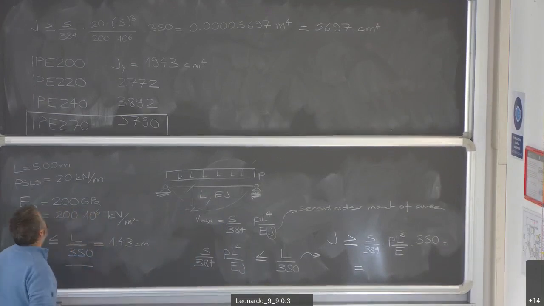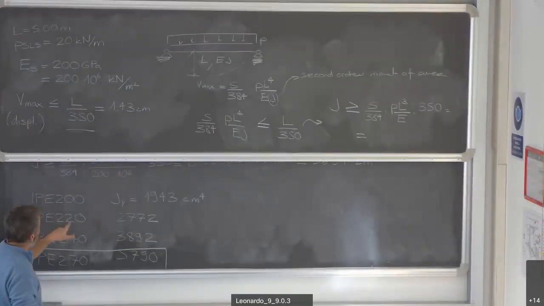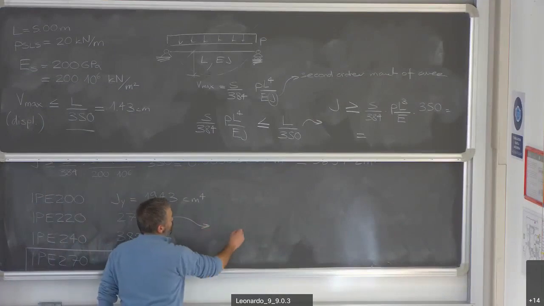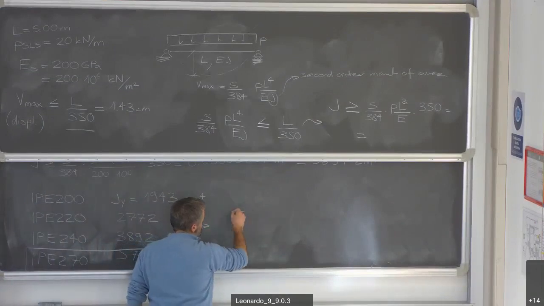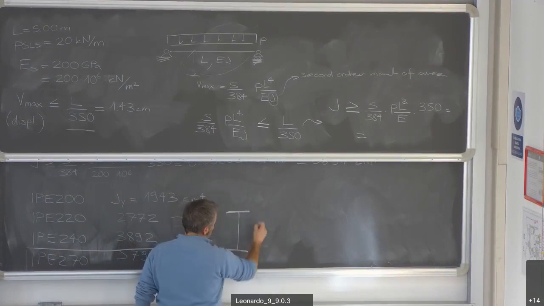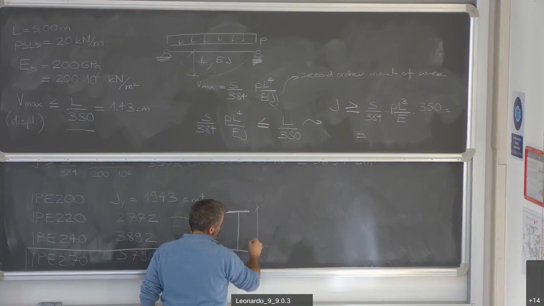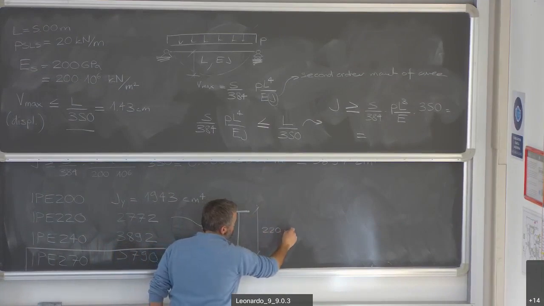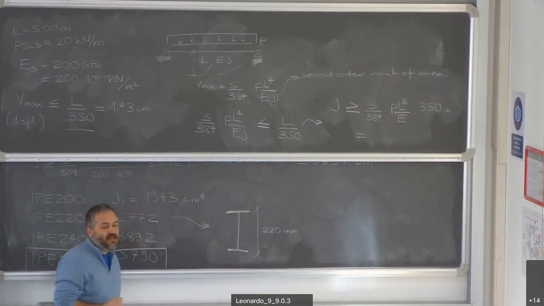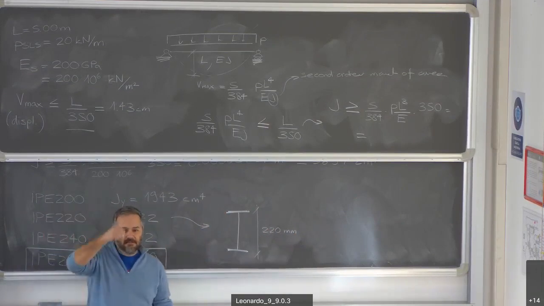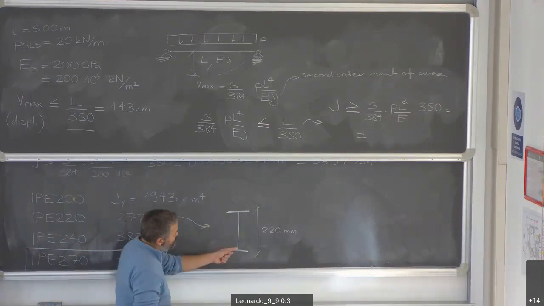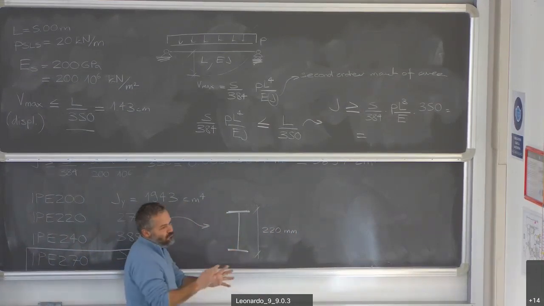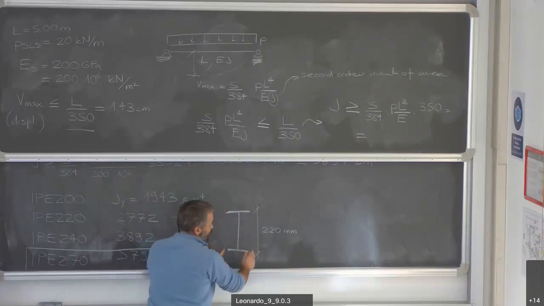If you say you have an IPE 220, this means that you have a beam that looks like this, whereby this is 220 millimeters. A characteristic of the IPE profiles is that they are I-shaped, but the depth is more or less twice the width.